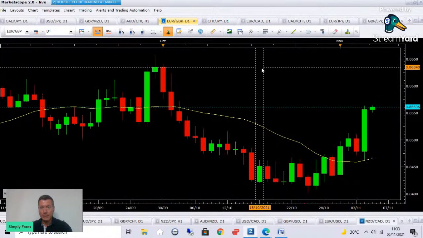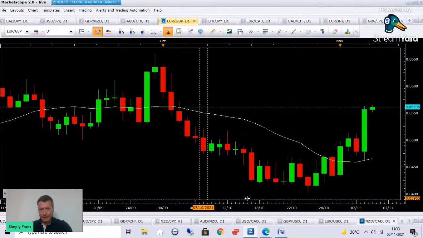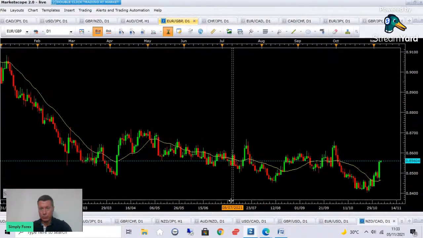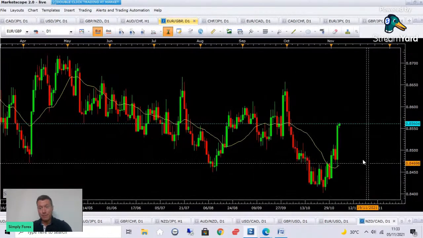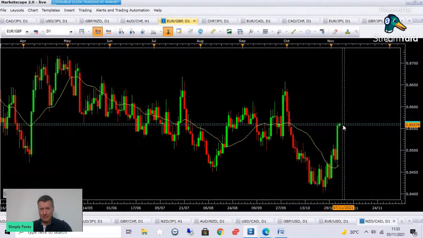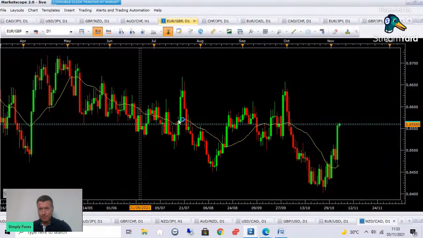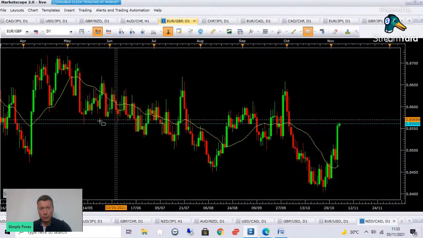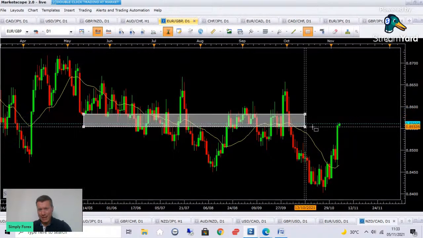Okay, the euro against the pound. What am I seeing here? A very bullish green candle. Why don't I like it? I'm just seeing too many areas.